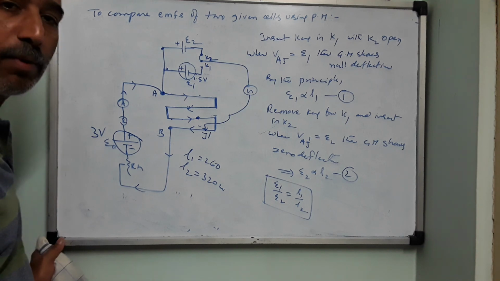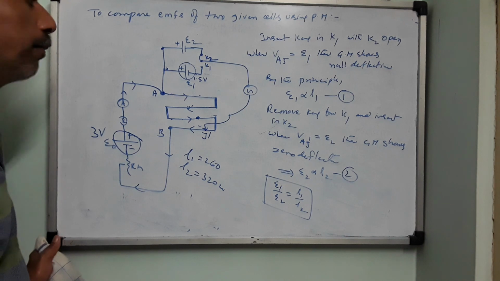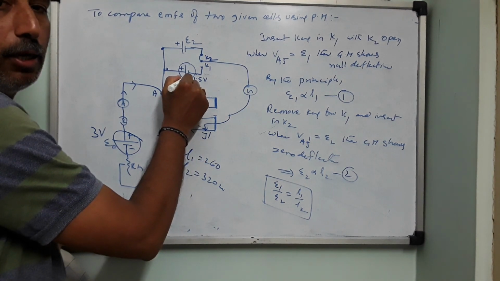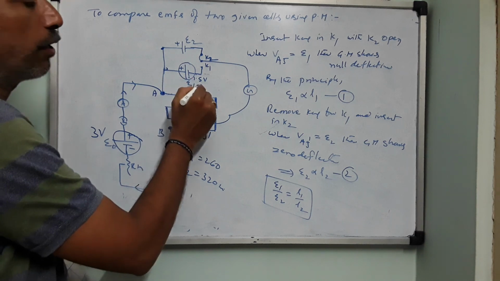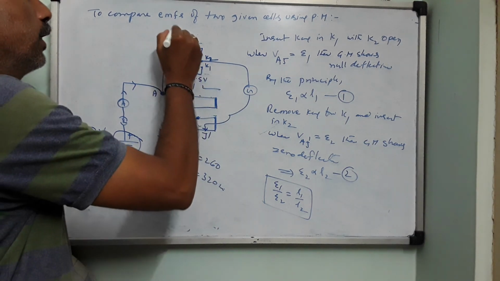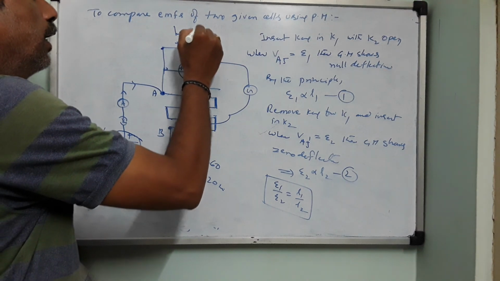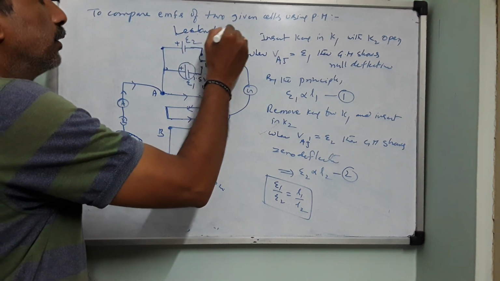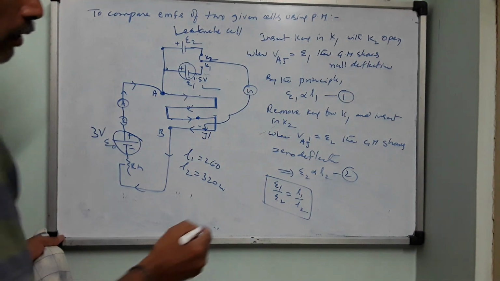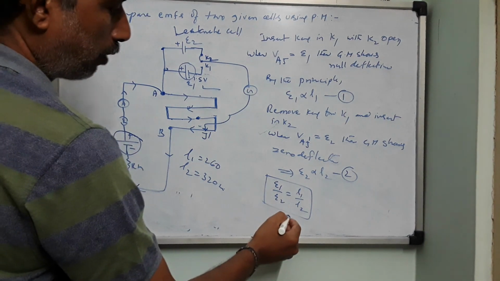Suppose you know the EMF of one cell, the EMF of the other cell can be easily determined. Suppose here you have connected a dry cell which is bought from a shop. So it is 1.5 volt, a very fresh cell, 1.5 volt. Here you have connected a Leclanche cell. You do not know what is its EMF. Then what will happen? E1 by E2 equals L1 by L2.